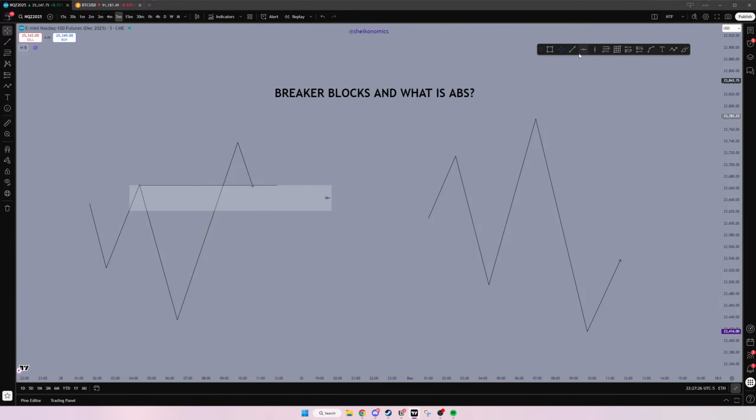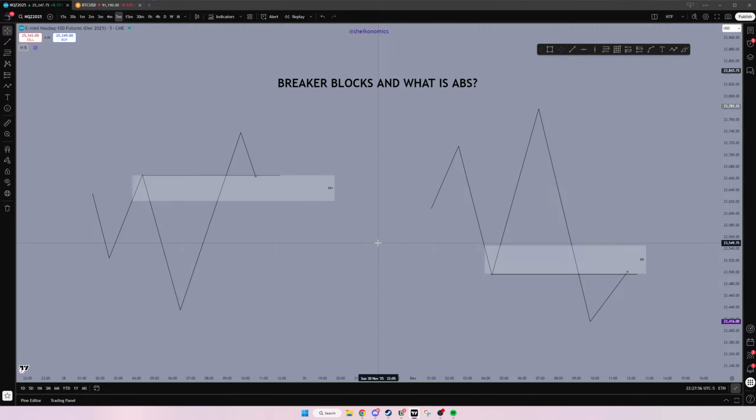Once you close below this low, this right here is your change in state of delivery. This validates this breaker right here. So this would be your bearish breaker. And more often than not, if you pair this with other confluences, this breaker should hold, so your trade keeps following the same direction of the breaker.